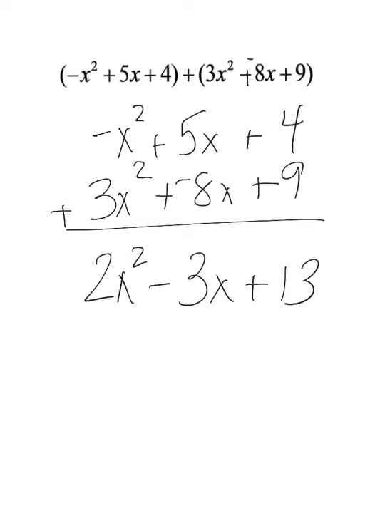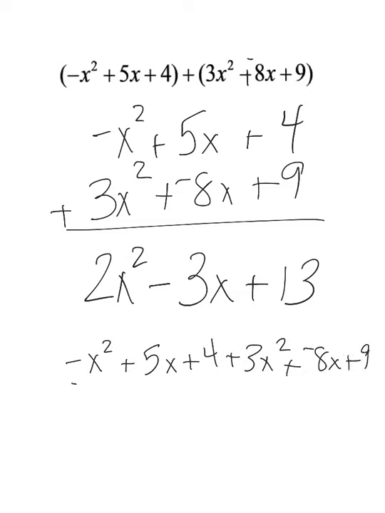Okay, now I'm going to do it horizontally. Negative x squared plus 5x plus 4 plus 3x squared plus negative 8x plus 9. These two are like terms. Negative x squared plus 3x squared is 2x squared. These two are like terms. 5x minus 8x is minus 3x.